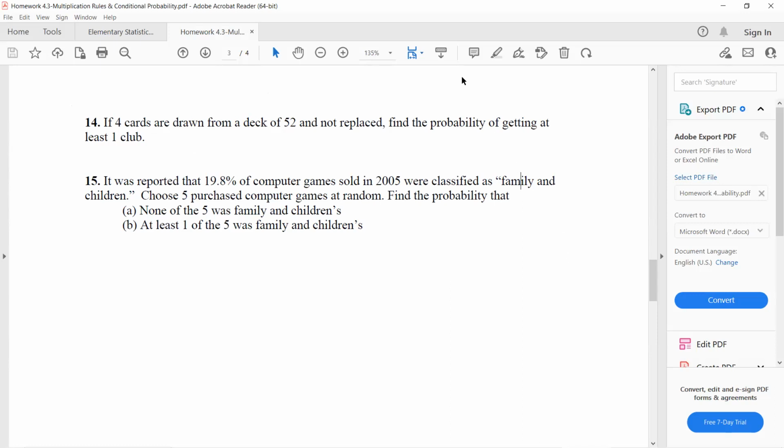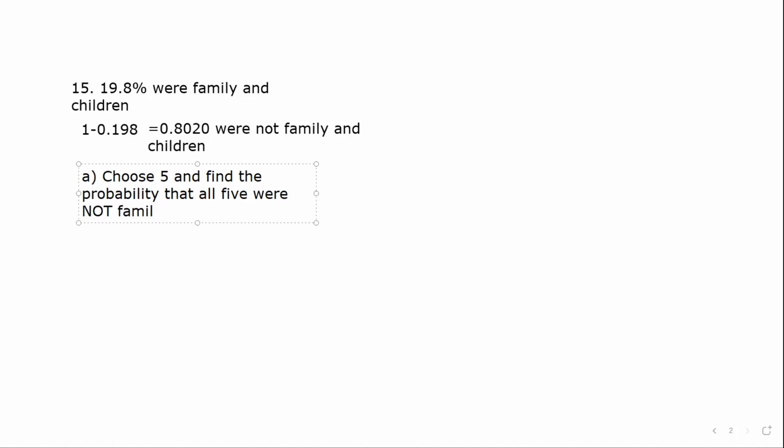So for part A, we choose 5 and find the probability that all 5 were not family and children.